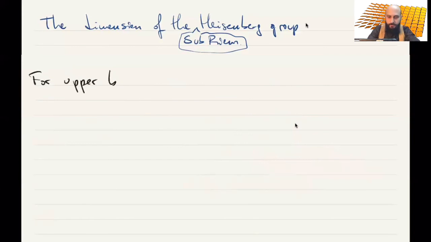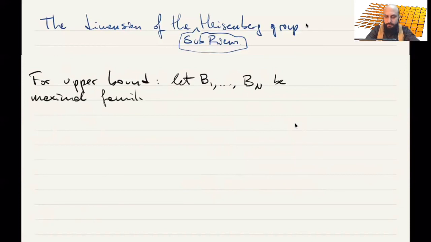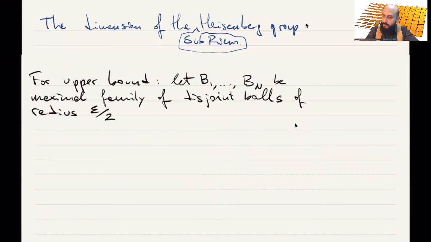For the upper bound, let B_1 through B_n be a maximal family of disjoint balls of radius epsilon over 2 in the unit ball.